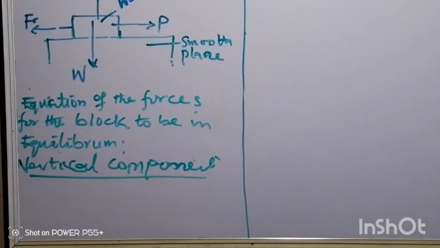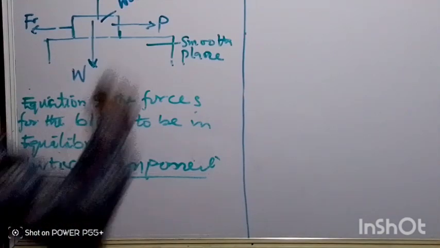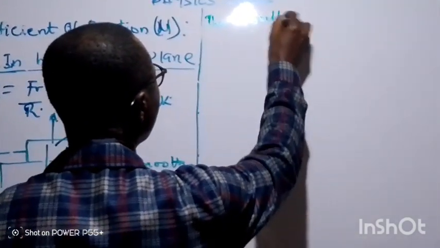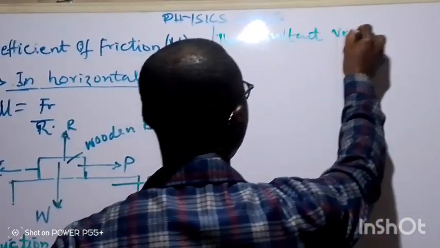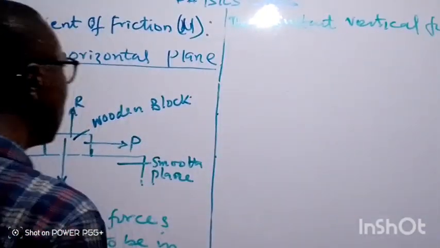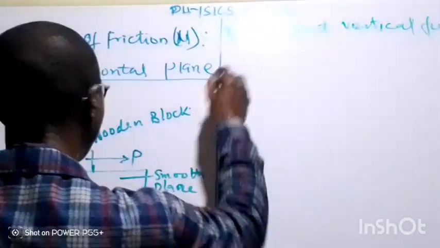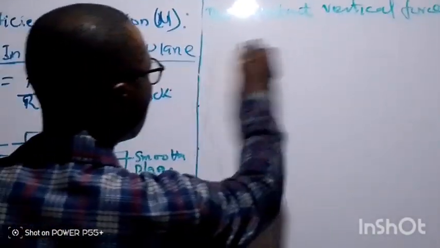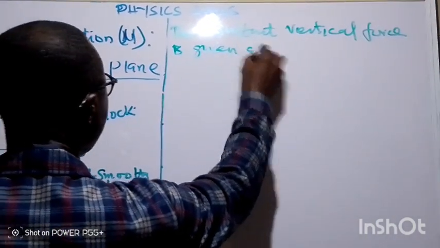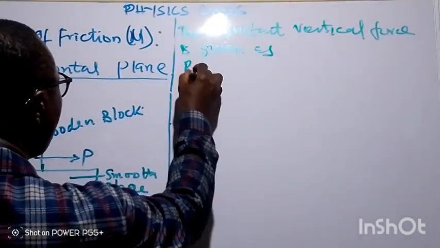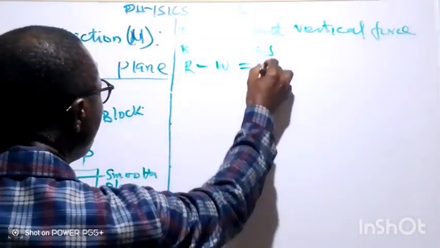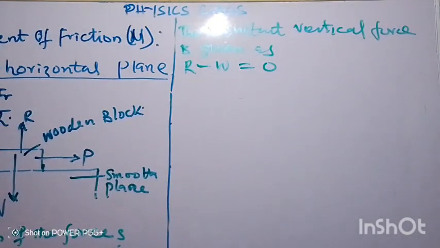So for this body to be in equilibrium, the resultant vertical force is given as R minus W equal to 0. Why is it minus?